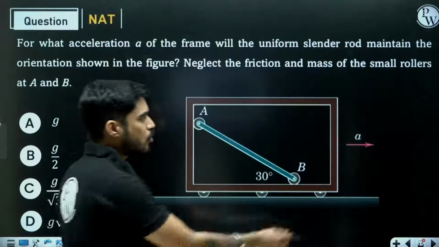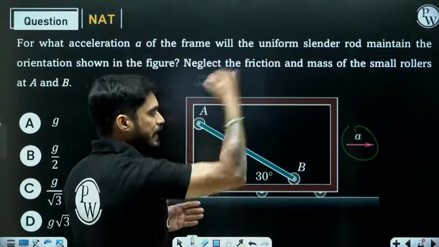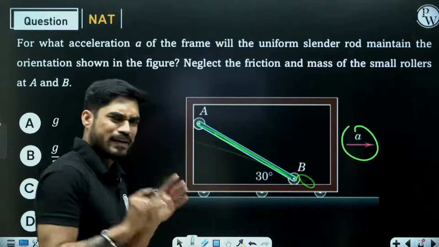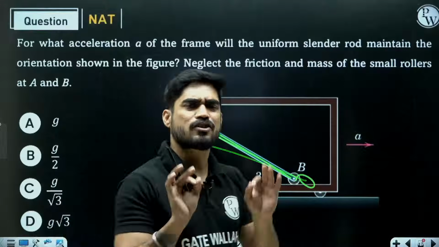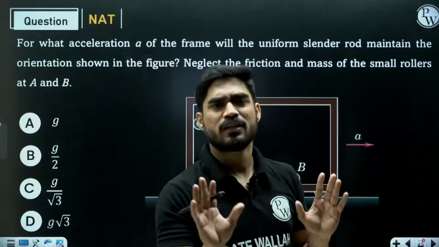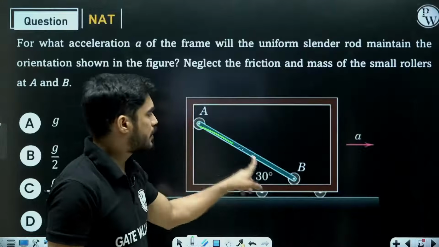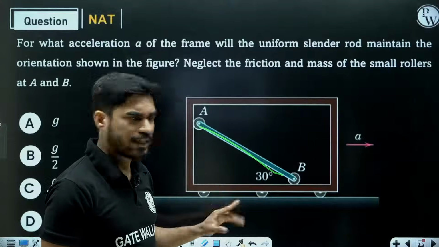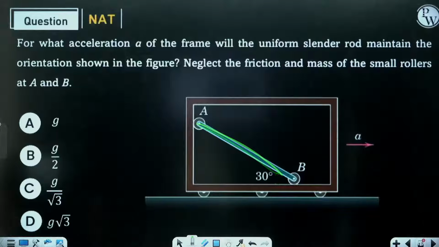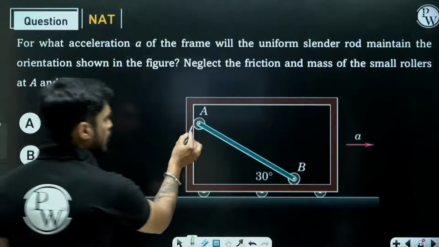If the value of A is very large, then this body will slip. But if the acceleration has a particular value, then this will not slip. It will remain at 30 degrees only. So we have to find that acceleration at which it is not going to slip.